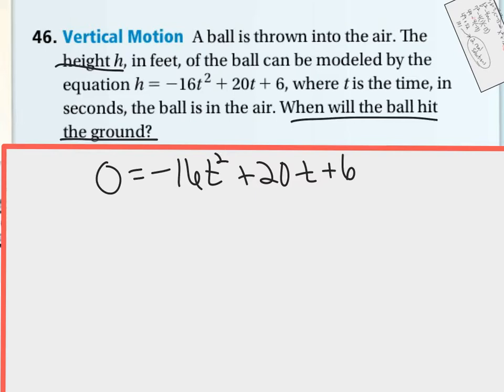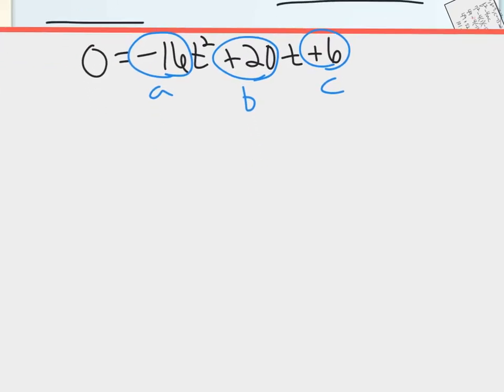So, it doesn't look real great for trying to factor or anything, so I'm just going to go ahead and go with the quadratic formula here. It is already set equal to 0, so that part's taken care of.